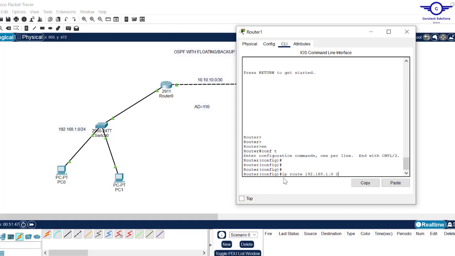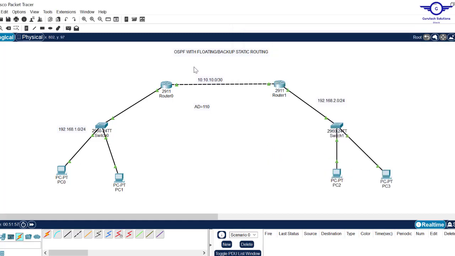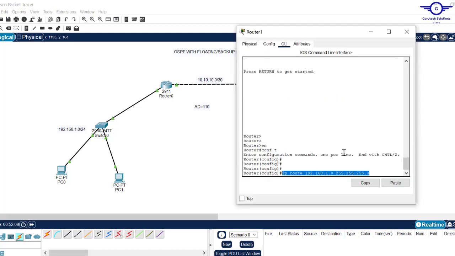192.168.1.0 with a mask of 255.255.255.0, then follow this path. Make sure you go through the IP address of the next hop, or you can just use this interface, which is gig 0/0.